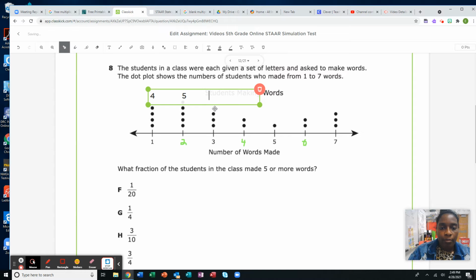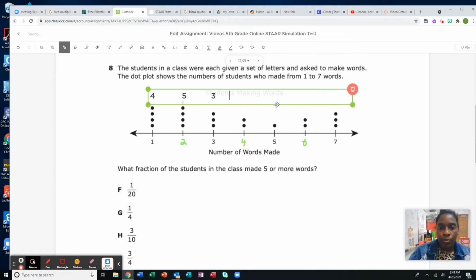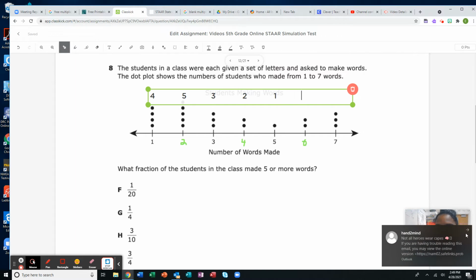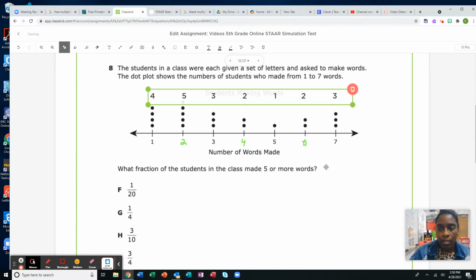For 3, we had 1, 2, 3. For 4 words, we had 2. For 5 words, we had 1 student. For 6, we had 2. And for 7 words, we had 3.